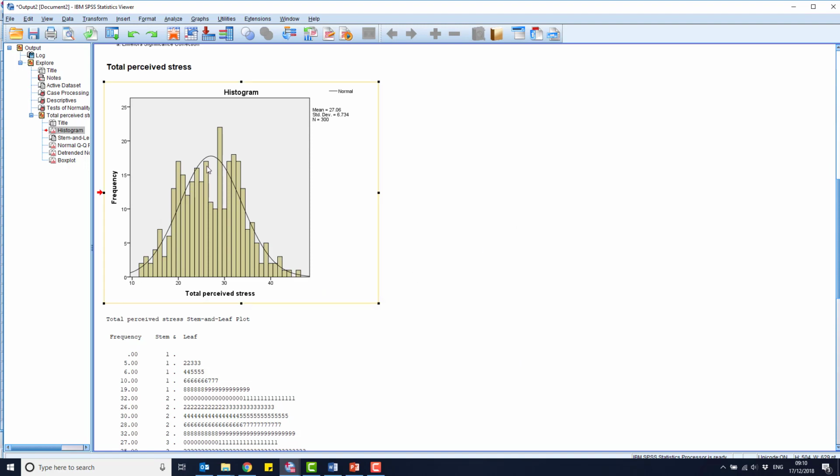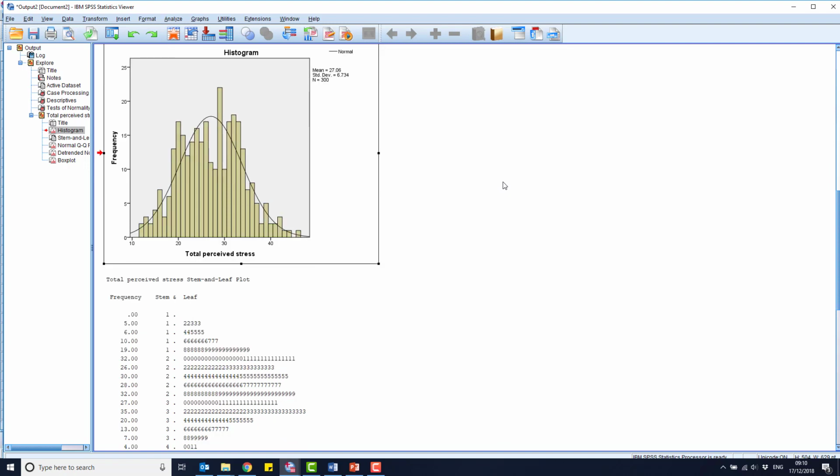And actually what you can see is, yes, it's not perfectly normal, but we've got quite a large sample size and it's roughly normal. I would look at that and I would think that there's nothing too concerning when I'm looking at it in combination with my descriptive statistics. I wouldn't be too concerned about using that as my outcome variable in a multiple linear regression.